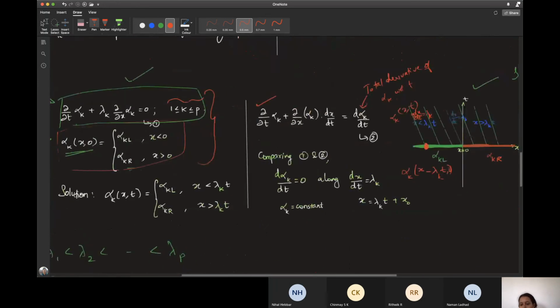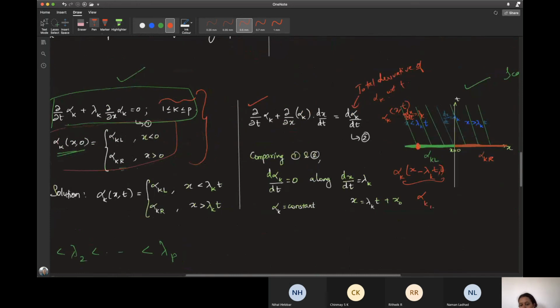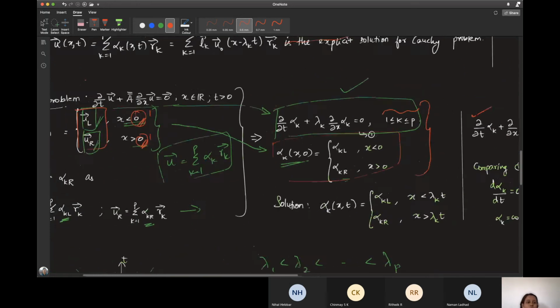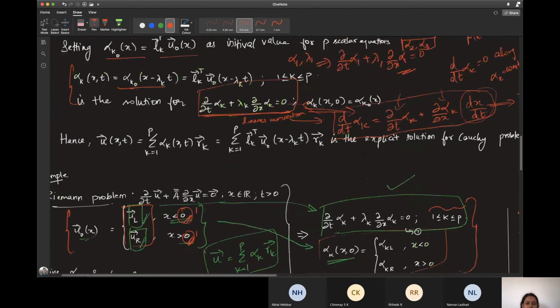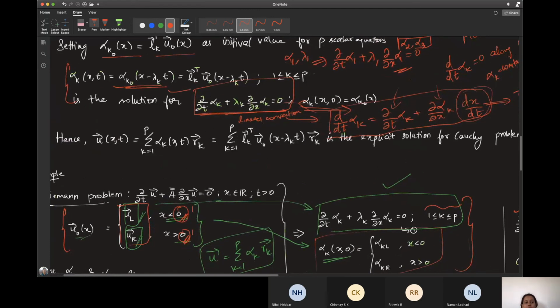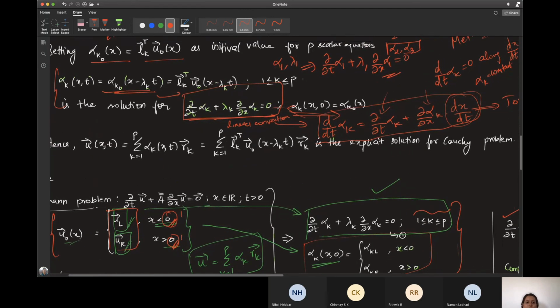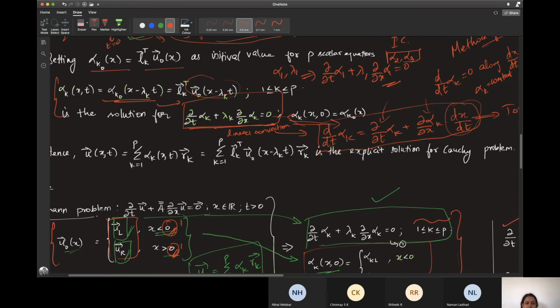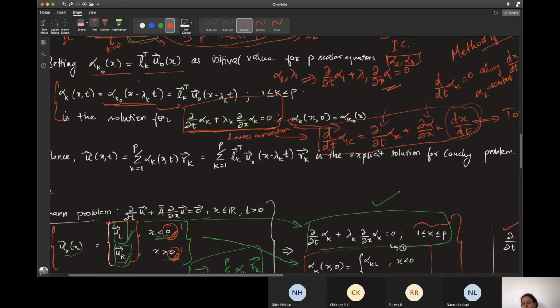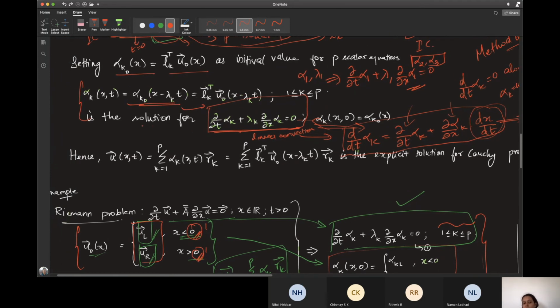That is written as alpha k naught of x minus lambda k t. So that is your solution. And this is obtained from your u naught vector itself as Lk transpose into u naught, that is the dot product of Lk with u naught at x minus lambda k t. That will give you alpha k naught of x minus lambda k t.